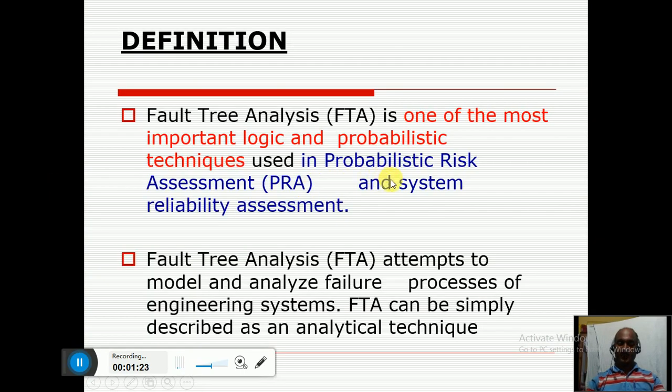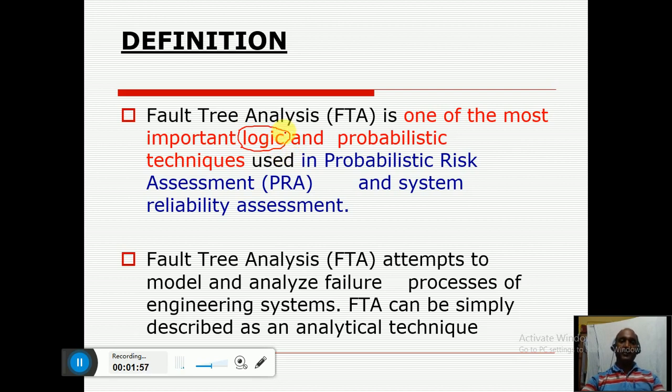So here we will see the definition of fault tree analysis, which is one of the most important logical and probabilistic techniques used in probabilistic risk assessment, PRA, and system reliability assessment. The word logic comes in because once you identify the different causes of failure of different components in a system, we have to arrange all those causes in a systematic way.